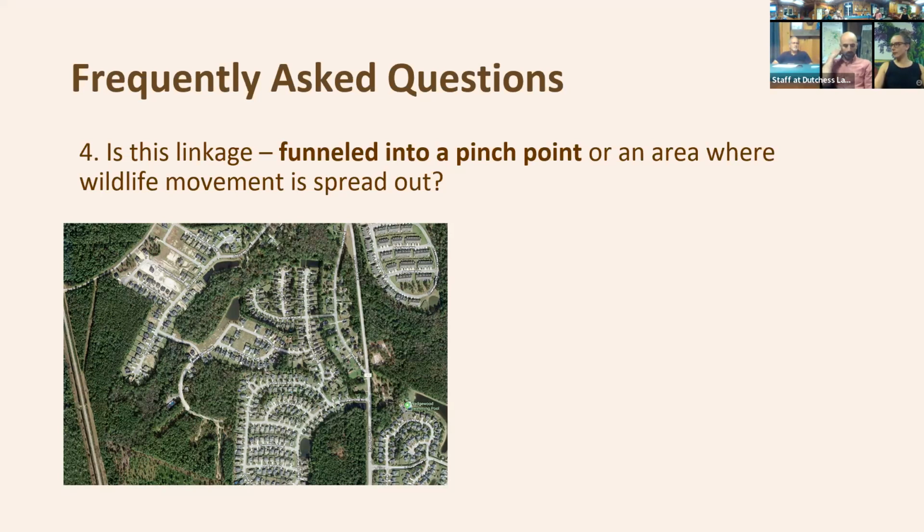We see wildlife in our backyards, but where are the spaces that are best for them to move? So in this photo, you can see these big developments, there's sort of limited forest, and it's really this pinch point, that if wildlife are choosing to move in the most optimal spaces, they're really going to be funneled into that strip of forested land to be able to move between these large developments.